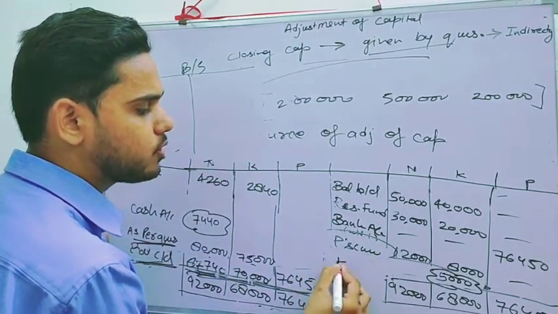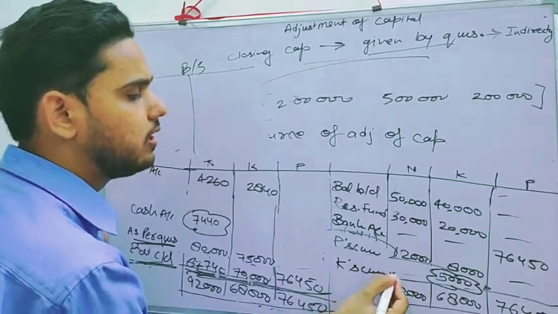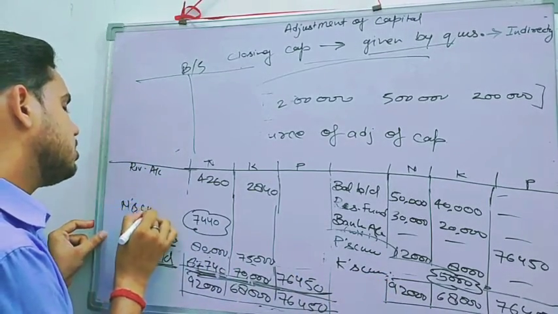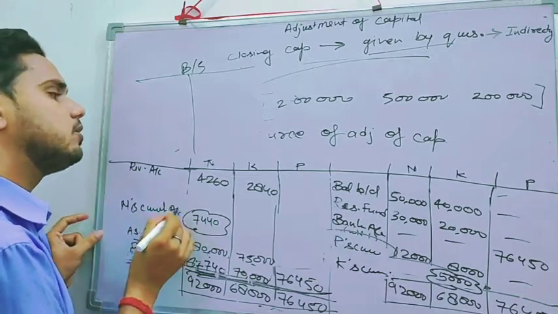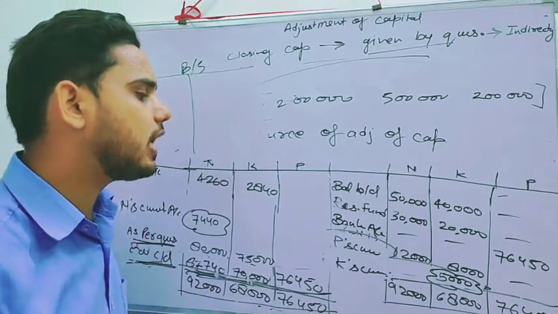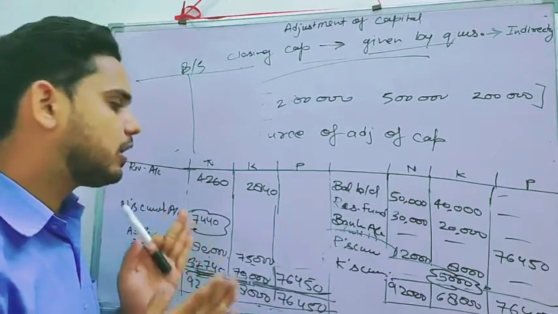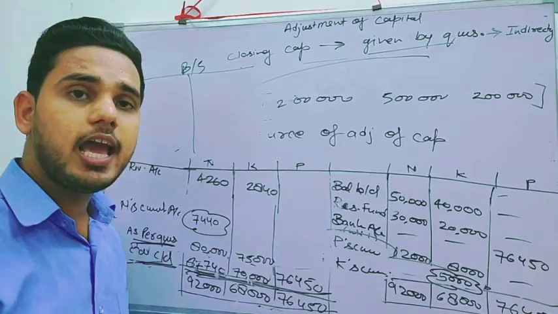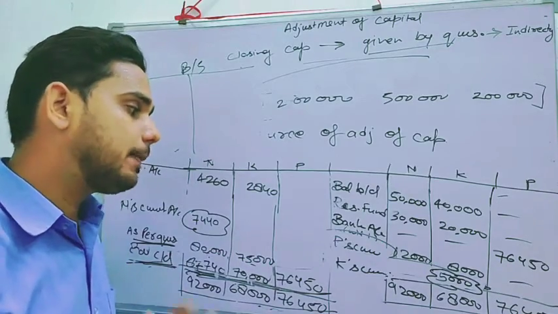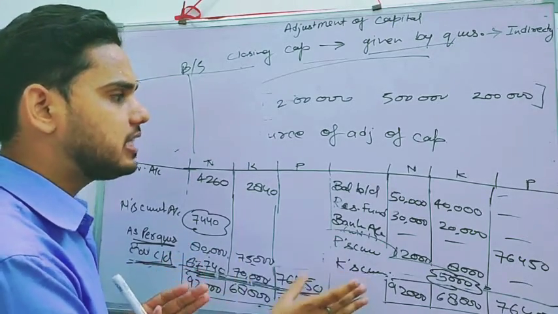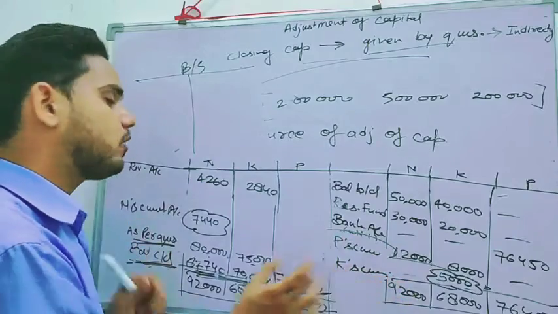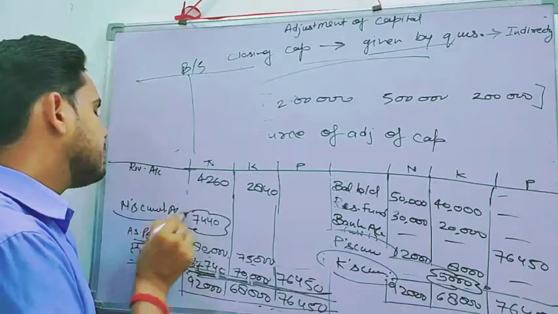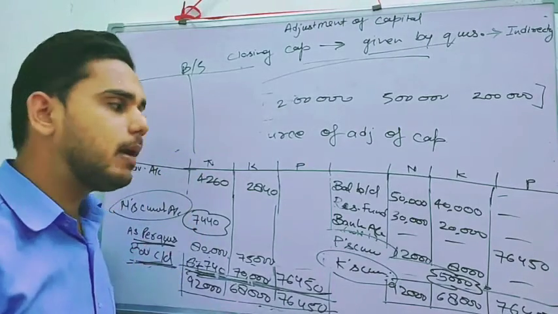Similarly, if you are readjusting the capital with the help of the current account of the partner, let's suppose we are writing K's current here and N's current here. If you are readjusting the capital with the help of current account and not with the help of cash account, your cash balance will not get affected. But as you have adjusted the capital with the help of current account, you have to write these current account balances in the closing balance sheet.